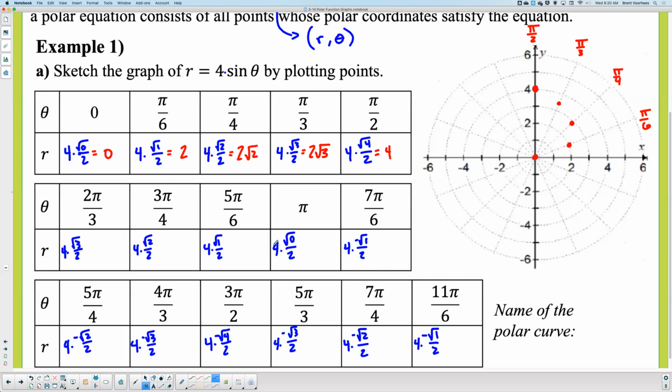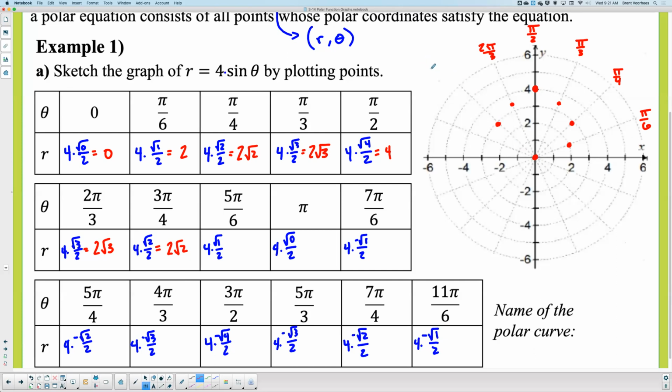Okay, so as we reduce all of these, a lot of these values are familiar. So at 2 pi over 3, which is right here, we should be at that 3.45 value right in there. At 3 pi over 4, we should be at 2 square roots of 2, which I said is just under 3.